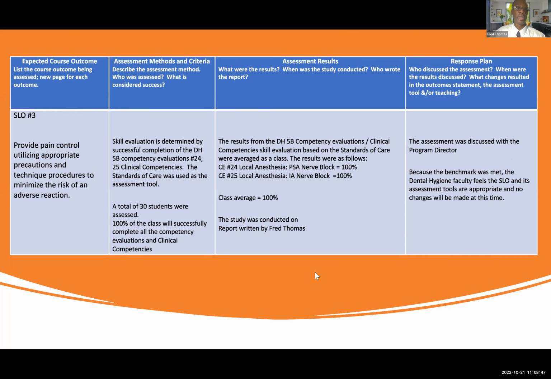And this is SLO number 3, the pain control. The 2 CEs that tie to that are the local anesthesia, the PSA nerve block and the IA nerve block. Students perform these 2 injections within the clinic many times before they sit for the competency.